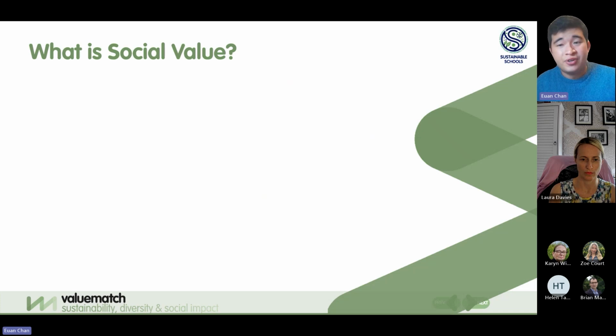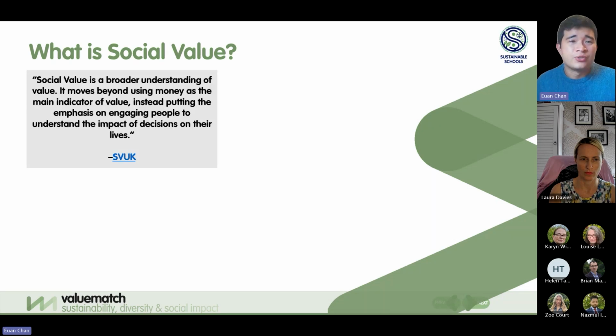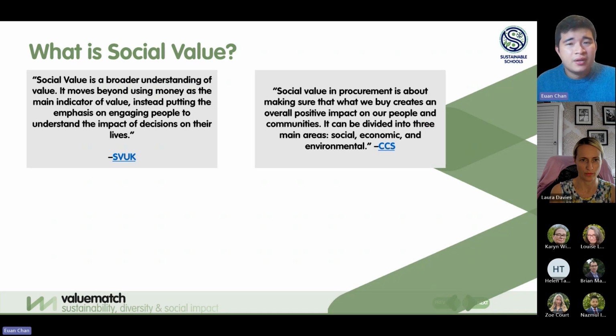So these are the different definitions that I got from online, from Googling. So social value is a broader understanding of value, and it moves beyond using money as the main indicator of value, and instead puts the emphasis on engaging people to understand the impact of decisions on their lives. Crown Commercial Services says that social value in procurement is about making sure that what we buy creates an overall positive impact on our people and our communities.